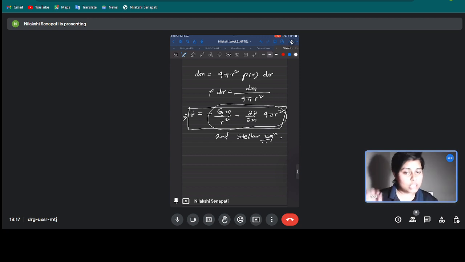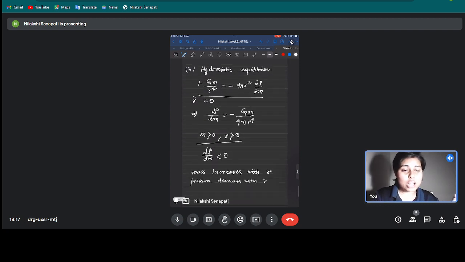And that is what the second stellar equation is telling. And the third stellar equation is just the condition that we are applying, which gives us a great consequence: mass increases with r and pressure decreases with r. And that's how gravitation starts to win. At the moment when gravitation actually wins over the pressure, it will collapse into a supernova.